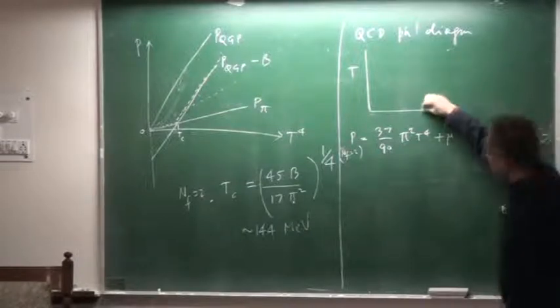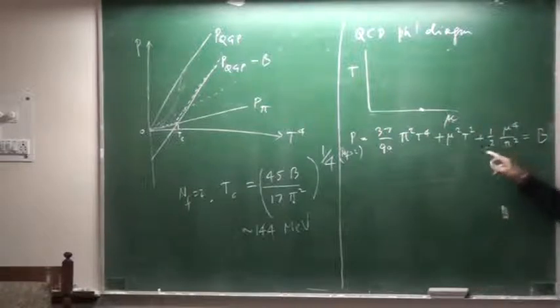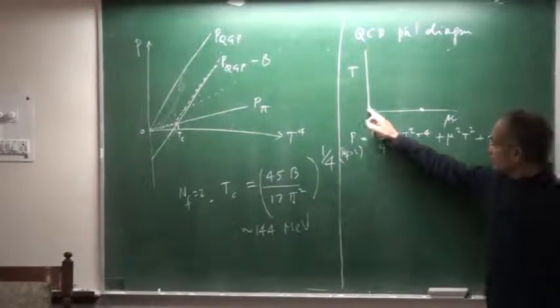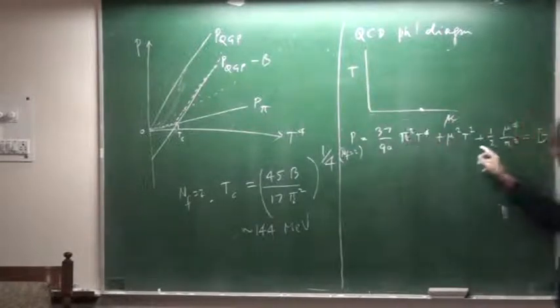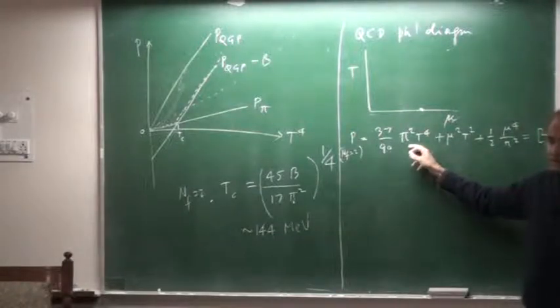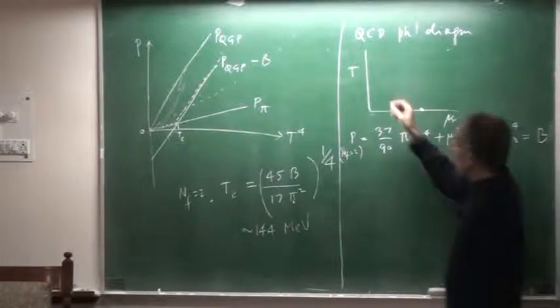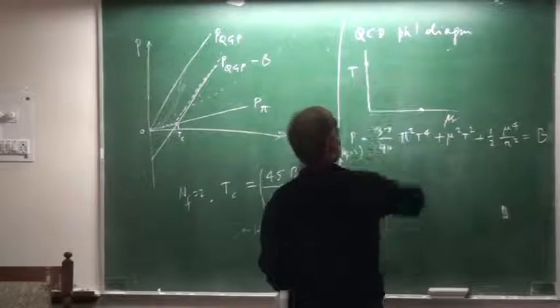So there will be some point here in which these two are equal, at T equal to 0. On the other hand, when mu is 0, you are on this axis, this term drops out, and only this term remains, and you can determine the temperature for which the first term is equal to B. That will be something here.